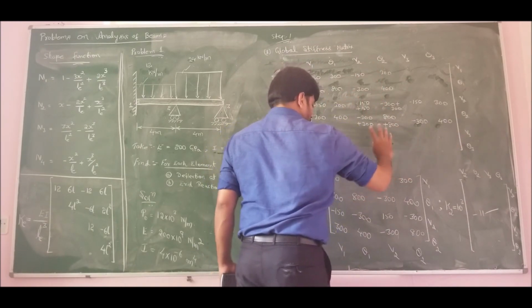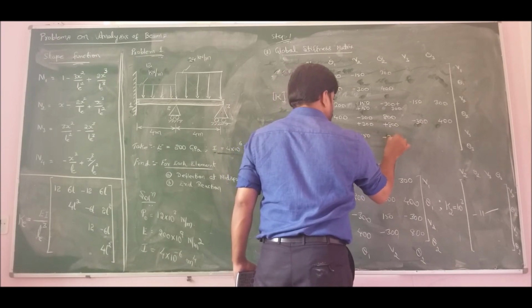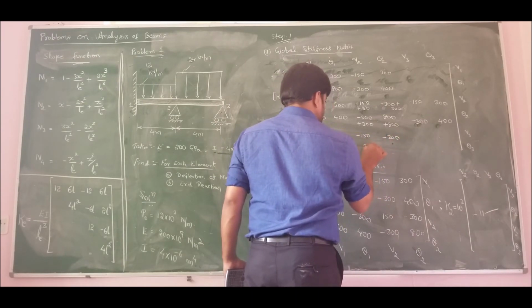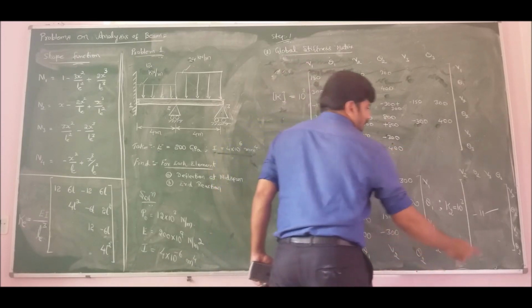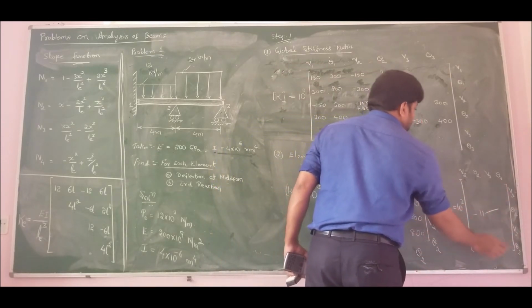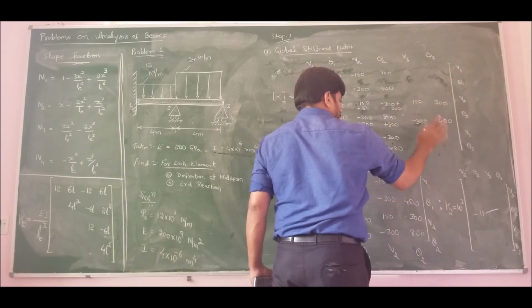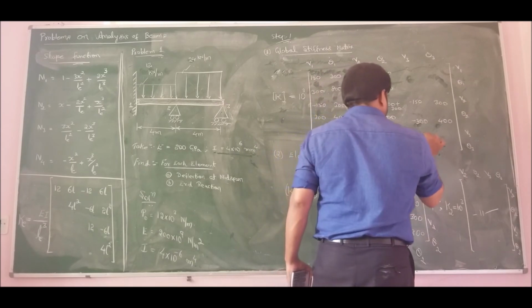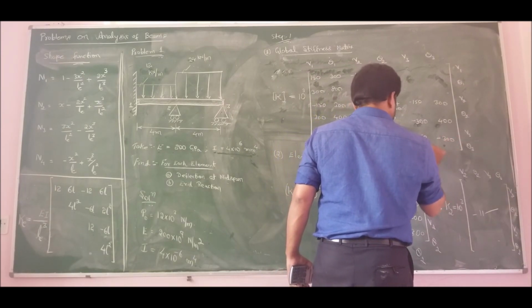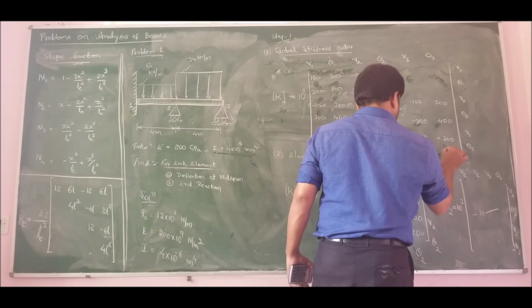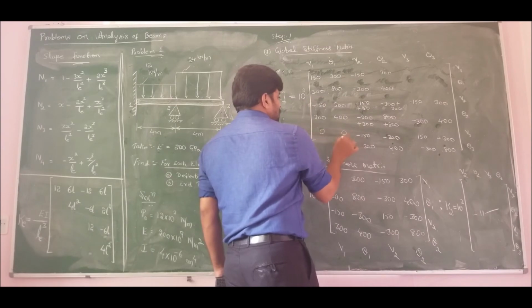It will fit here and the values are minus 150, minus 300, 300 and 400. The order of the last 4 is v3 theta 3 cross v3 theta 3. It will fit here and the values are 150, minus 300, minus 300 and 800. Now fill the unfilled positions with zeros.